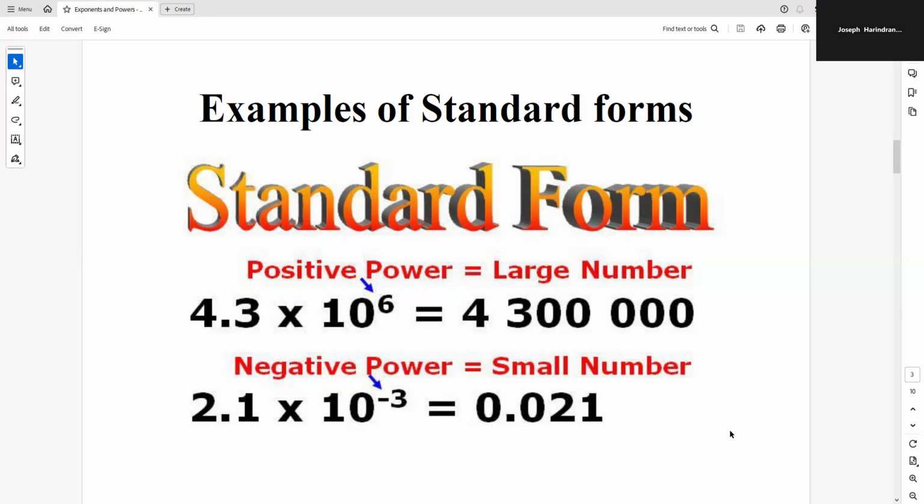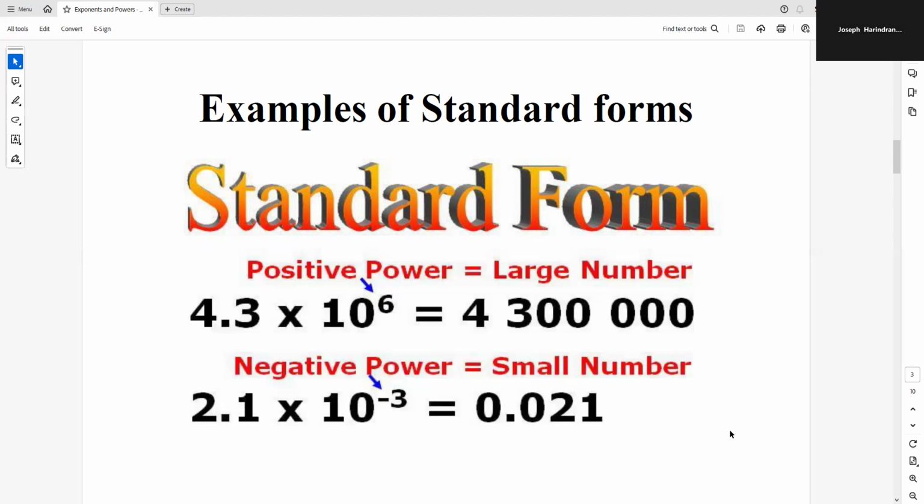Now 2.1 into 10 power minus 3 is equal to 0.021. The exponent minus 3 represents that there should be 3 decimal places in the number. That is represented by 2.1 into 10 power minus 3.